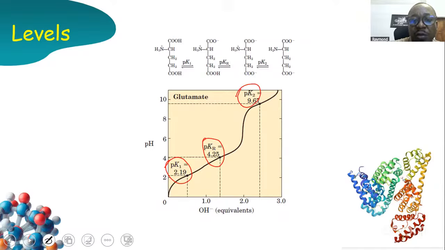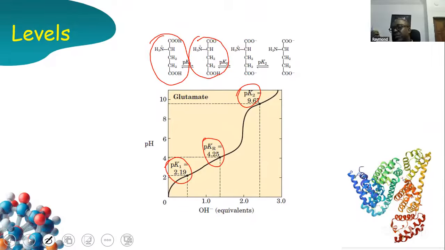You can see the different pH values denote the nature of the amino acid. You might be asked, at a pH of this, what is the predominant form of the amino acid aspartate or the amino acid glutamate? You should be able to know the predominant form of the amino acid at different pH.